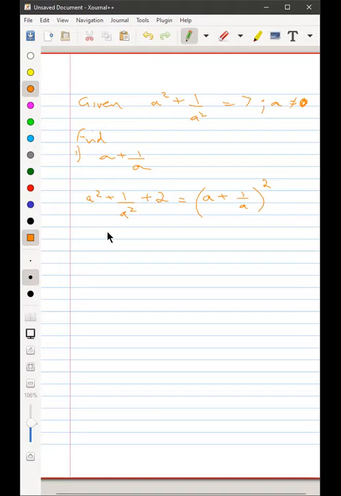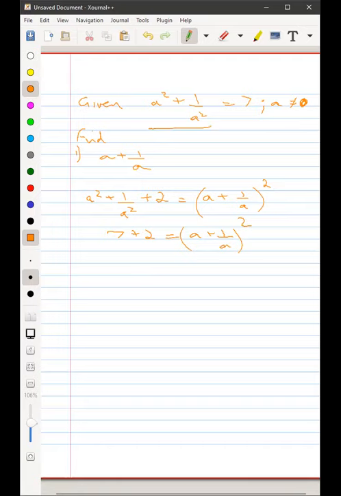So a square plus 1 upon a square is equal to 7 minus 2. What is 7? A squared plus 1 upon a squared, right? So why are you repeating that twice? So won't I just get 7 plus 2 is equal to a plus 1 upon a squared?